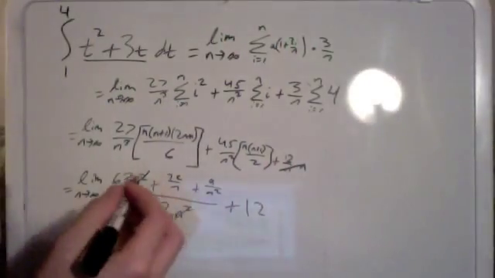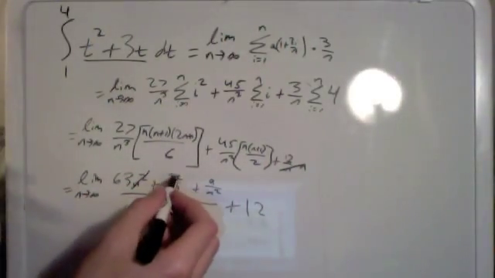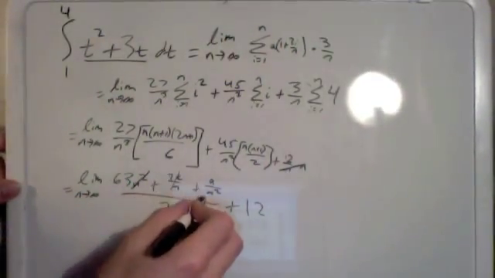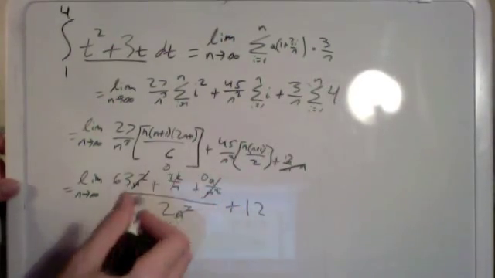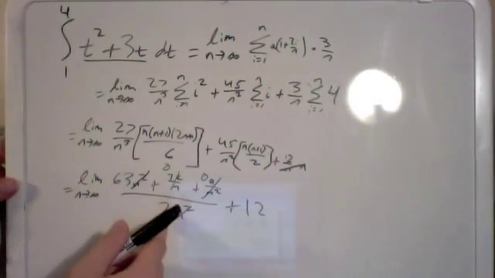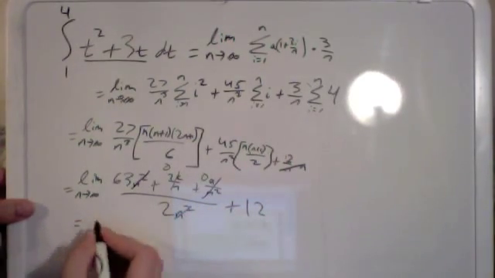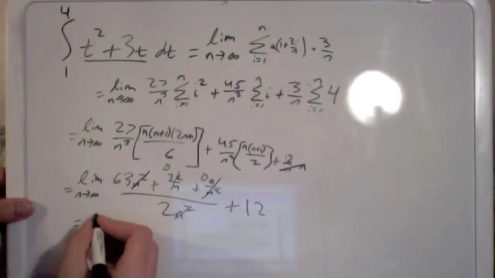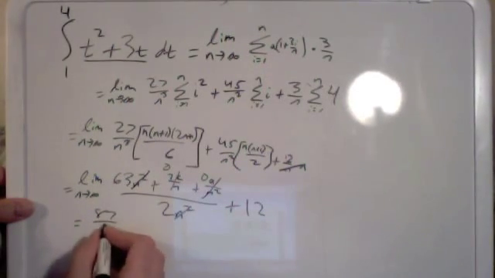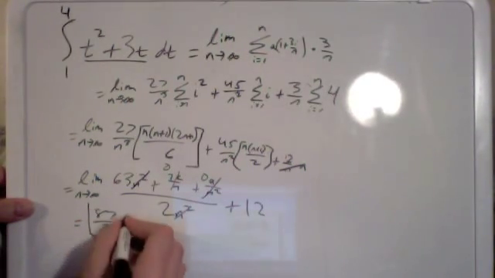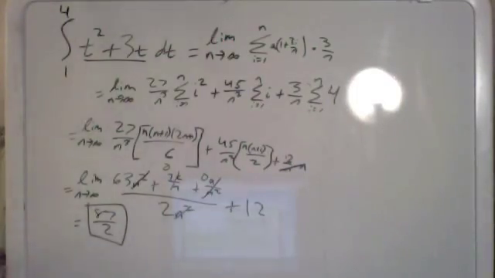And so the limit of some constant over infinity is 0. So both those are 0, and we're left with 63 over 2 plus 12, which is going to be equal to 87 over 2, or 43.5, and that is our answer.